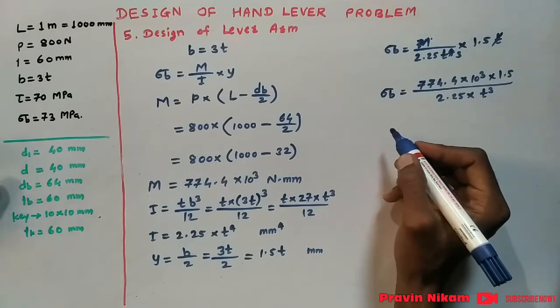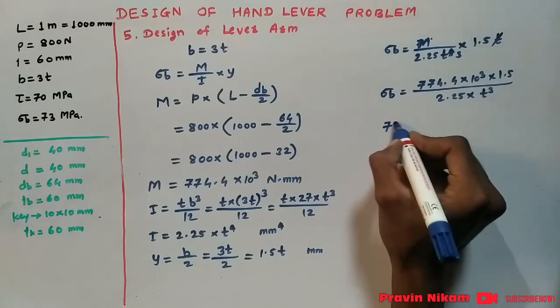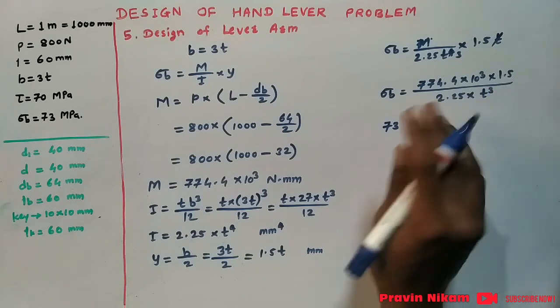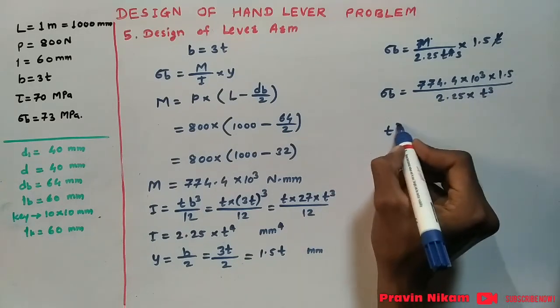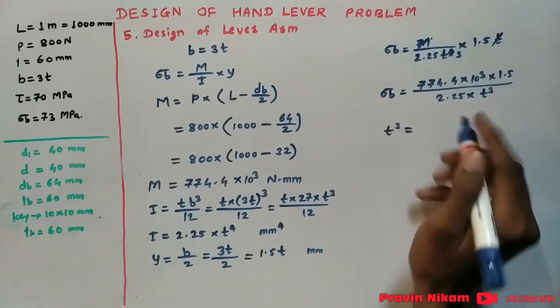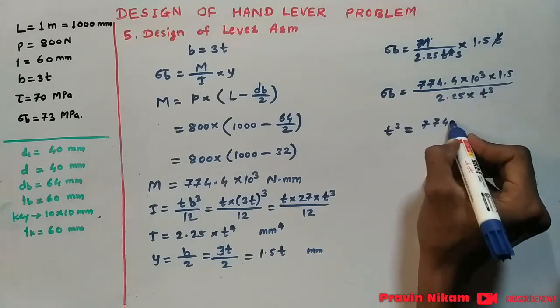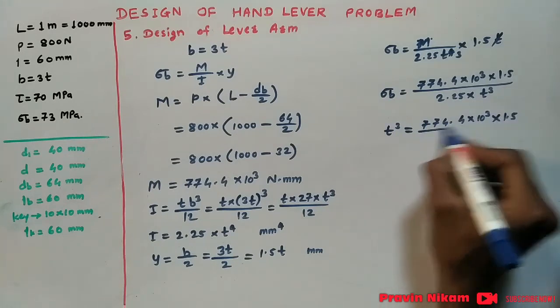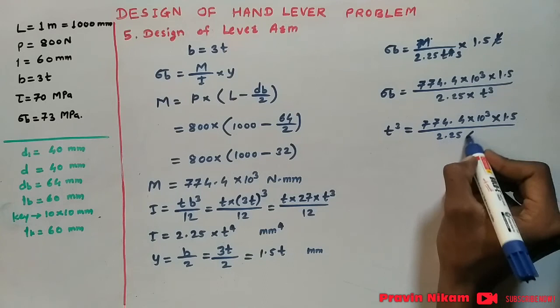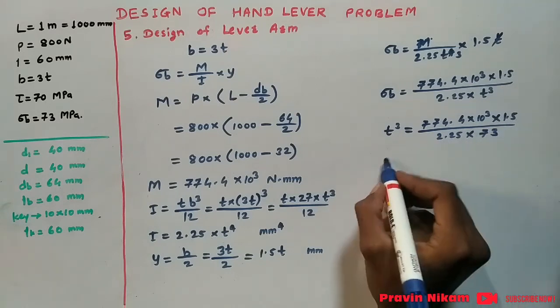Sigma b value we know is 73, so you have to find T cube. Take T cube here and sigma b goes to this side. So 774.4 into 10 raised to 3 into 1.5 divided by 2.25 into 73.